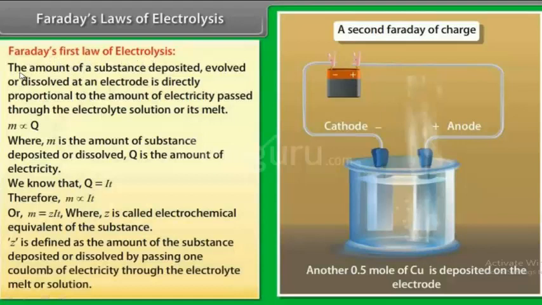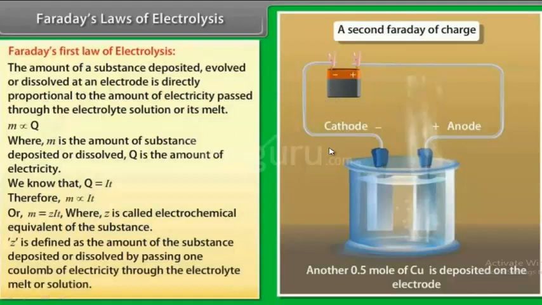He stated that the amount of a substance deposited, evolved or dissolved at an electrode is directly proportional to the amount of electricity passed through the electrolytic solution. That means the amount of deposited substance is directly proportional to the amount of supplied current.